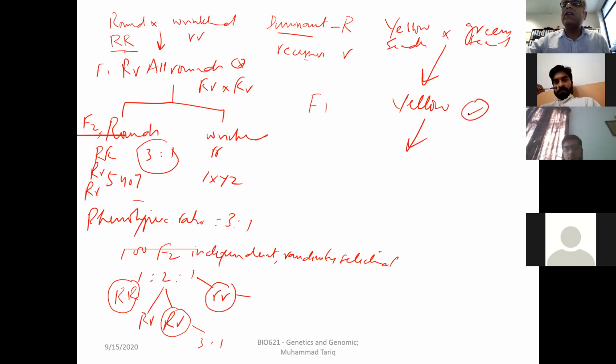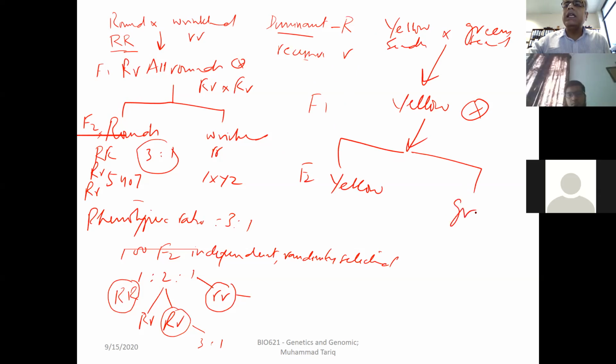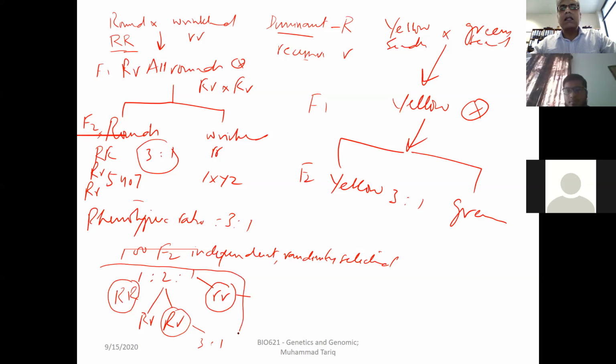And when he self-crossed yellow, he found in F2 yellow to green was again a 3:1 ratio and a 1:2:1 genotypic ratio. So this is the genotypic ratio, where you are defining at the level of genotype, and here you just look at phenotypes, yellow versus green. These are phenotypic ratios. And he found that I can fill in the factors again.